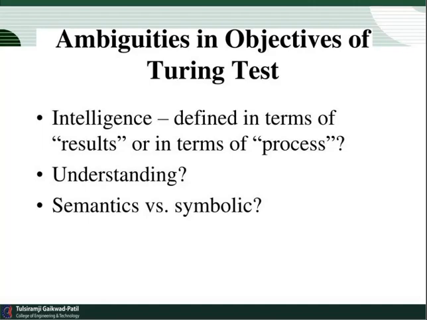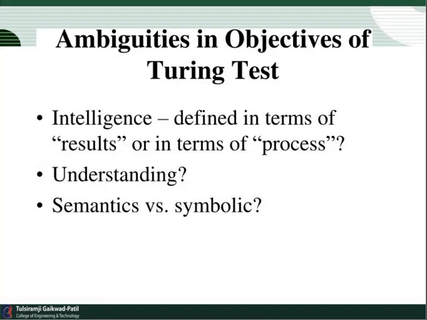So because of this, there are various ambiguities in the objectives of the Turing test. As we have already seen, some people say that the Turing test is only for measuring intelligence, but the controversy is that there are many parts of intelligence which the Turing test may or may not be able to measure.